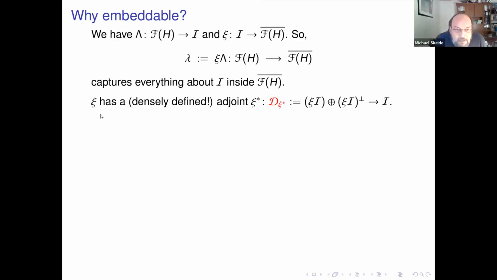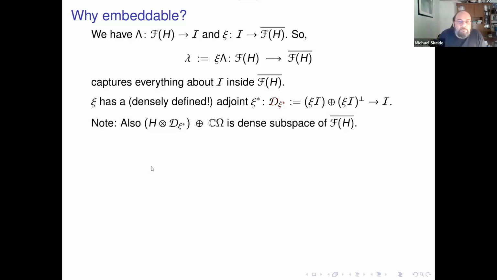Like every isometry that takes values in a Hilbert space, it has a densely defined adjoint. Send back the range to where it comes from and set the rest 0. Important is that if we are in a Hilbert space, this is a dense subspace. Also, if this is dense, then also this subspace here is dense.